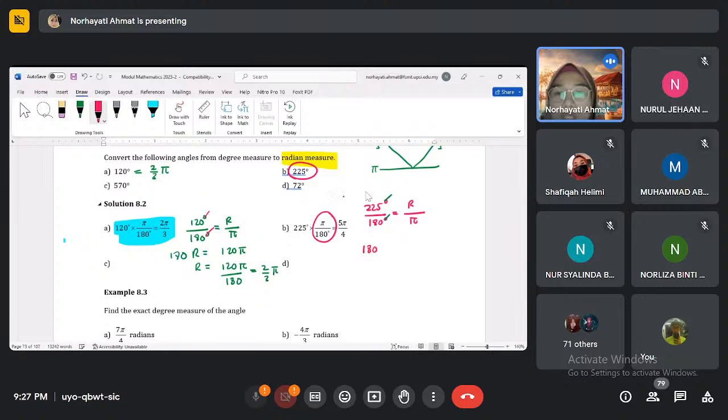So 180 R equals to 225 pi. Therefore, R is equal to 225 pi divided by 180. Give us 5/4 pi. Sama macam apa yang kita dapat kat sini lah.